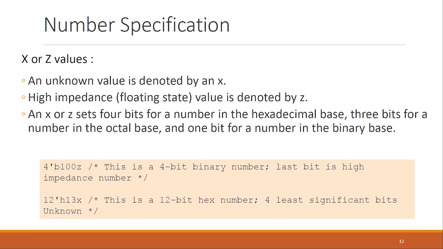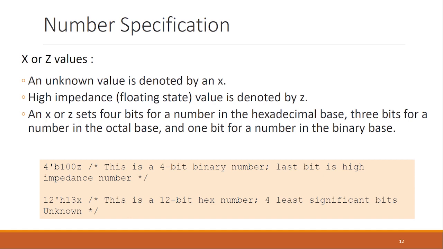If you consider something like a flip-flop, at the beginning, when you have not reset the flip-flop, the output of the flip-flop is not known. That you already know from the knowledge you have gained in the digital design course. So something like that is represented by X in Verilog. So an unknown value is denoted by an X.